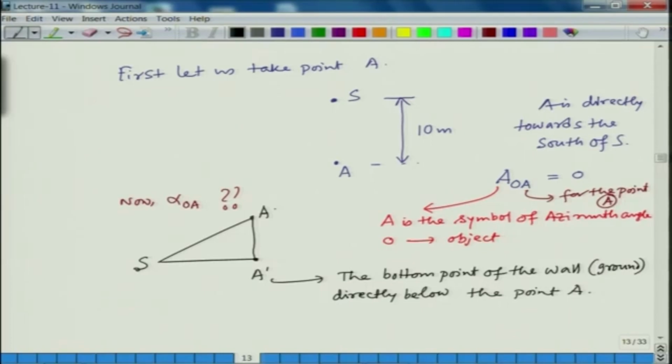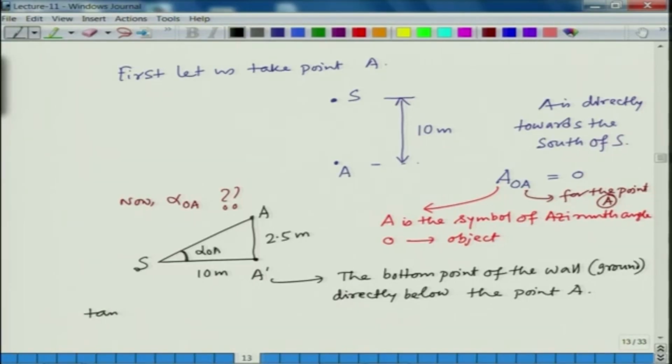So, what are the dimensions of this triangle? It is given that A A prime, the height of the wall, is 2.5 meter, and this distance S A prime is 10 meter. So, what we have is tan of this angle, alpha OA, the altitude angle.